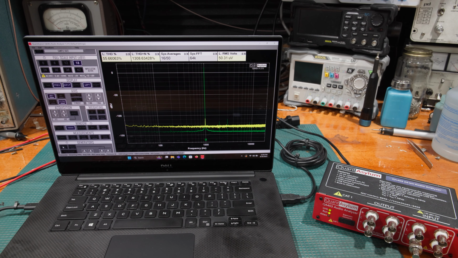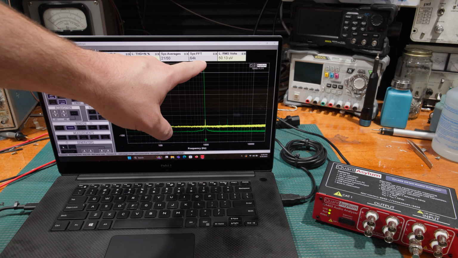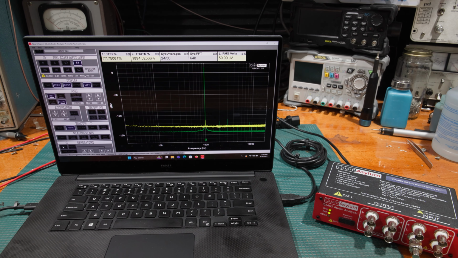Okay, for testing purposes, we're going to do 50 averages, 64,000 FFTs, and on the RMS volts, we're going to have them right around 3.5 volts. Not all the oscillators are at 3.5 volts. Some of them are down at 3.3. A couple of them are a little bit higher. But we're going to do right around that 3.5 volts into the front of the QuantAsylum.